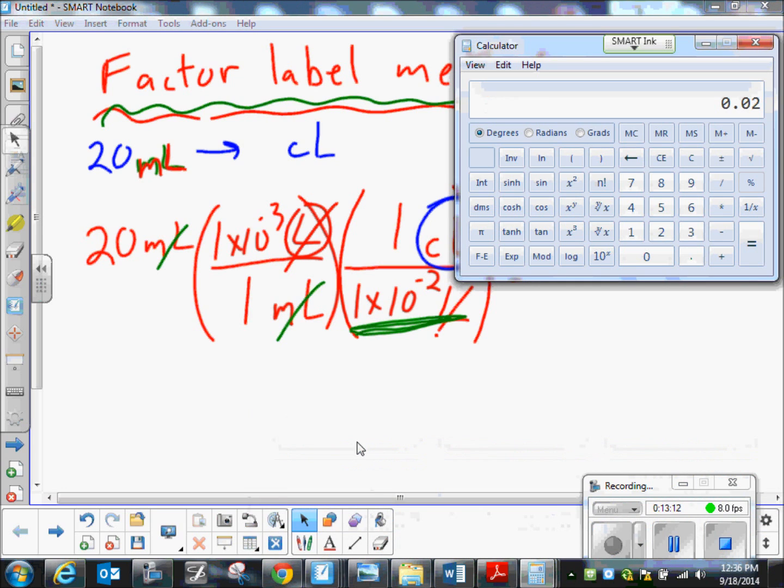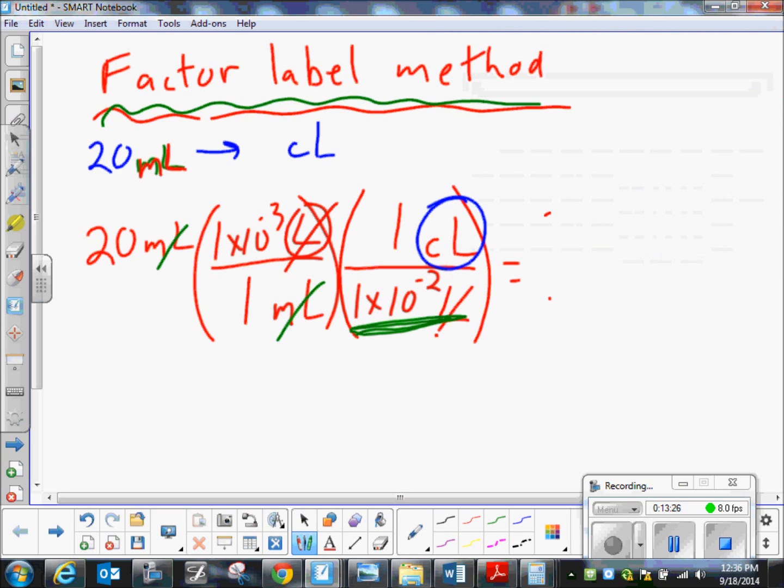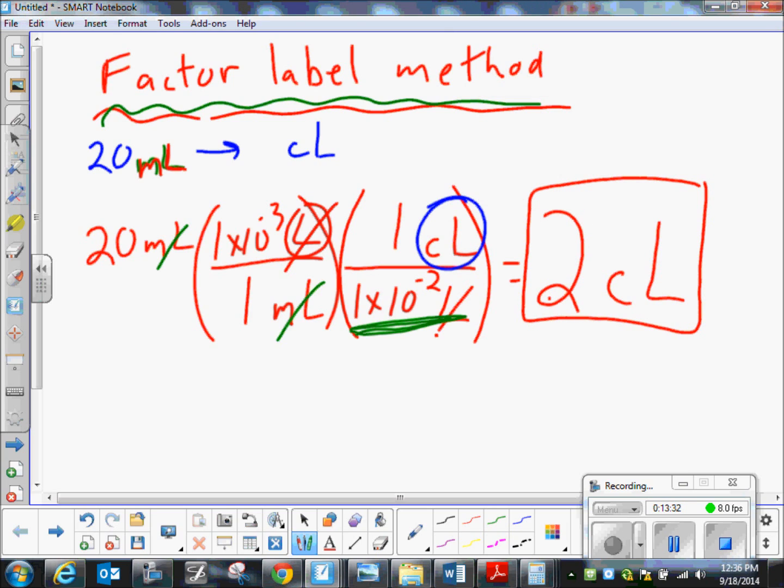So I divide by 1 exp negative 2, and I get my final answer of 2. So 2 centiliters is the correct answer, and that's how you do a two-step problem.